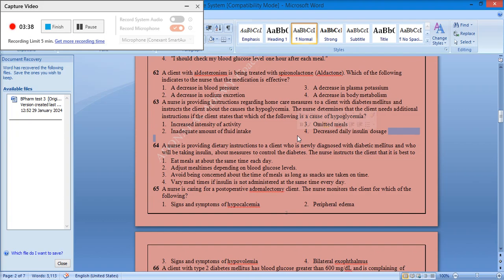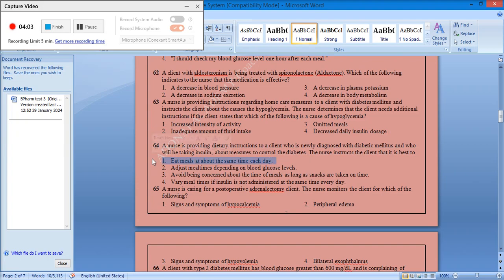Adjust mealtime depending on the blood glucose level. 3. Avoid being concerned about the time of meals as long as snacks are taken on time. 4. Vary mealtime if insulin is not administered at the same time every day. The correct answer is 1. Eat meals at about the same time each day.